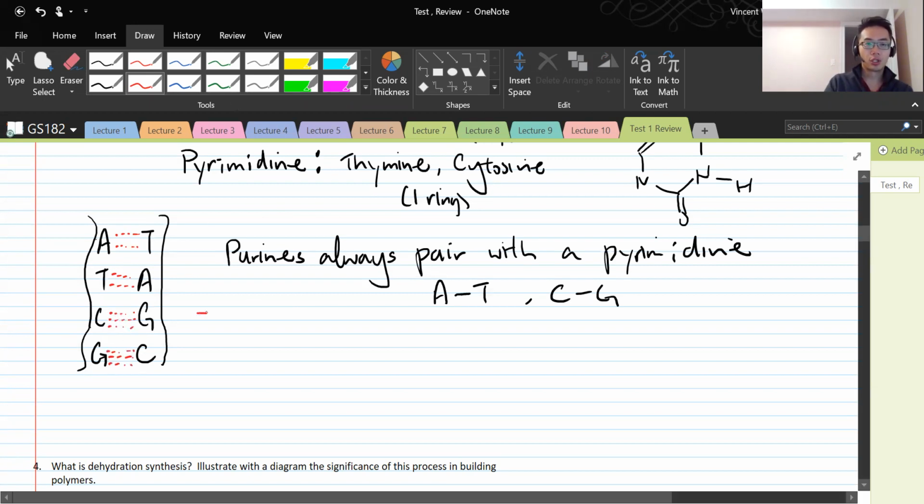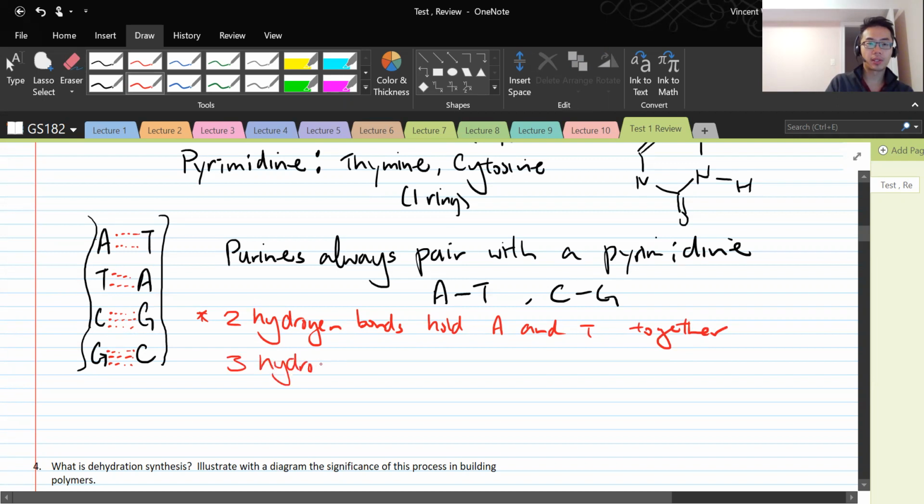So 2 hydrogen bonds hold A and T together, whereas 3 hydrogen bonds hold G and C together.